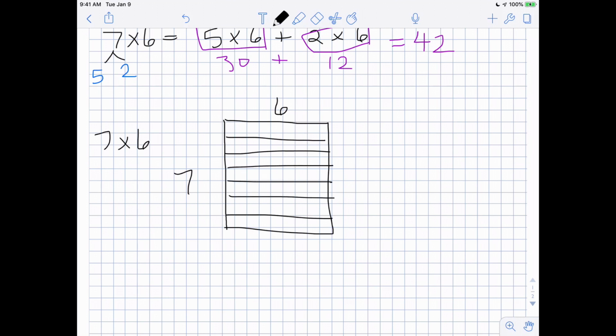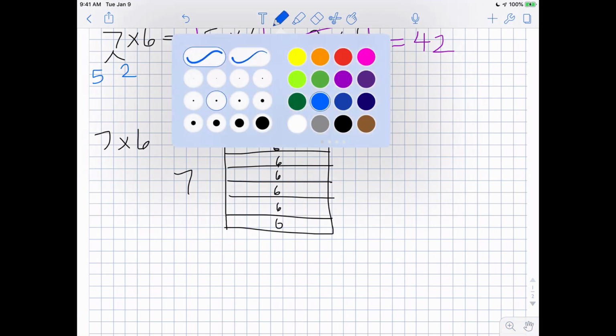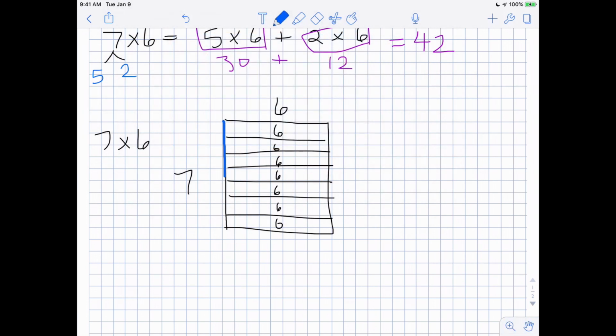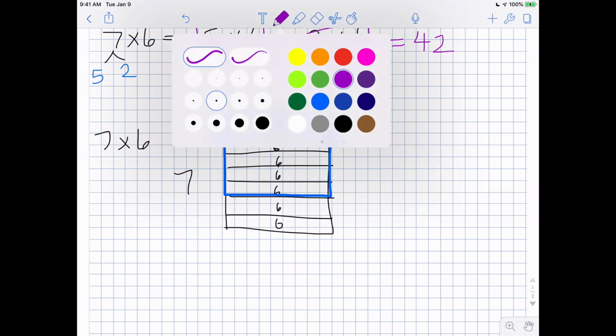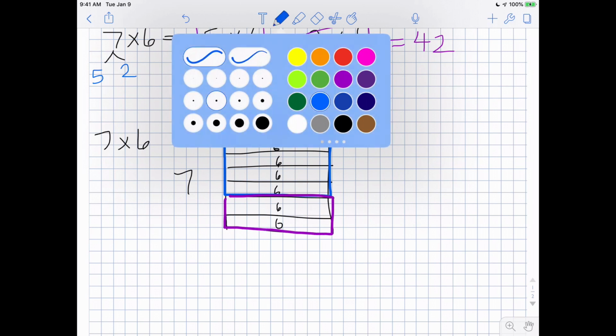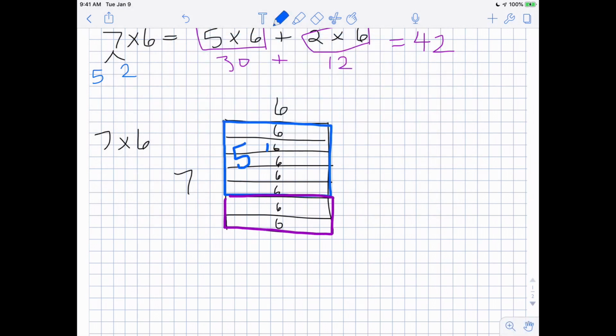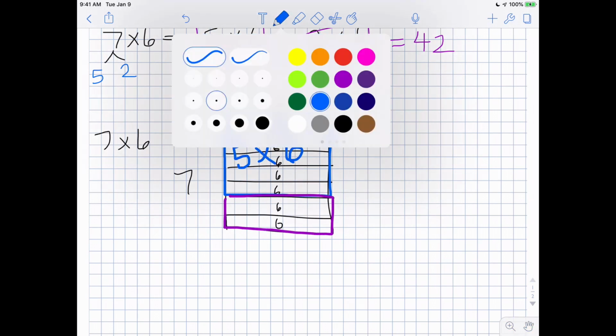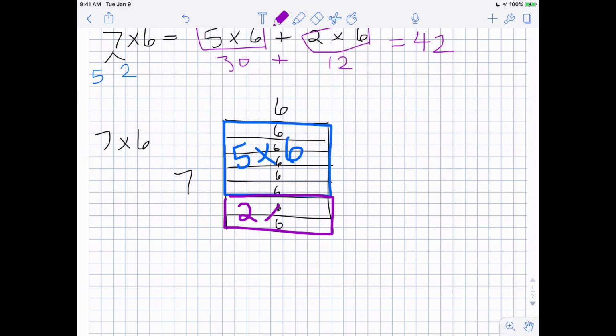Here's our 7 rows of 6. And then we can say that's basically saying take these 5 rows of 6 and then add in our 2 rows of 6 for this big old huge rectangle. So all of a sudden, we end up with 5 rows of 6 and we have 2 rows of 6.